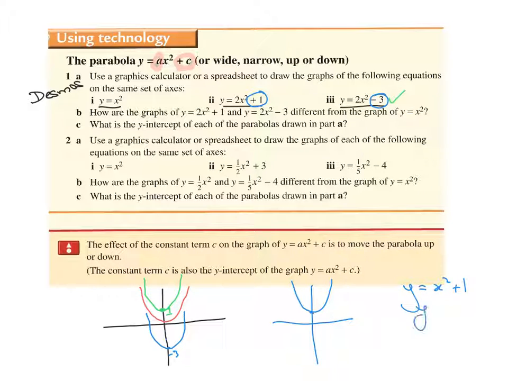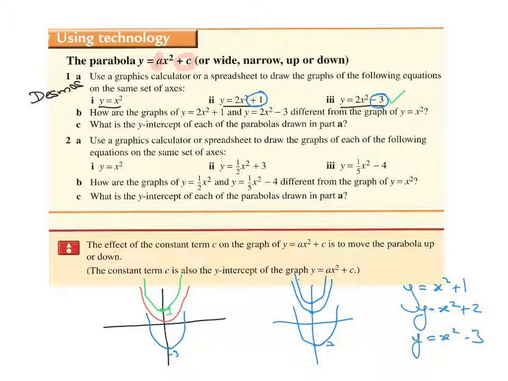If I have y equals x squared plus 2, it will be the same graph but just moved up to cut at 2. If I have y equals x squared minus 3, same graph but it cuts at minus 3. So all it does is move up and down the y-axis. Have a little practice again and type in a bunch of different numbers using Desmos.